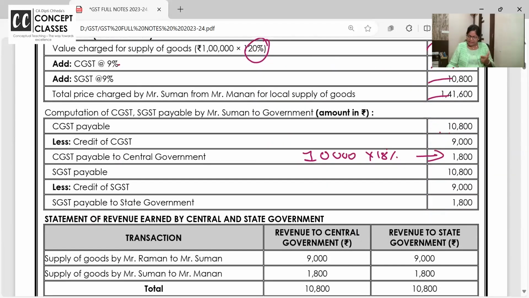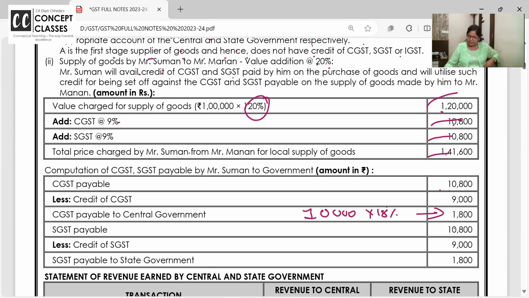So he will pay 1,800 out of his pocket. Same way SGST. He has collected 10,800, but he has a credit of SGST. CGST first set off in CGST, then IGST. SGST first set off in SGST, then IGST. Done. 1,800 rupees he will pay.